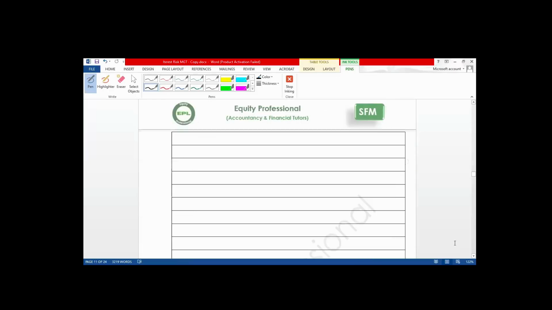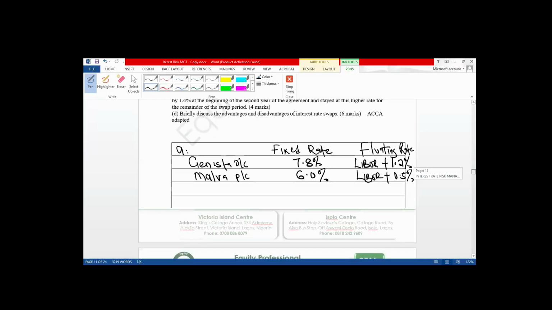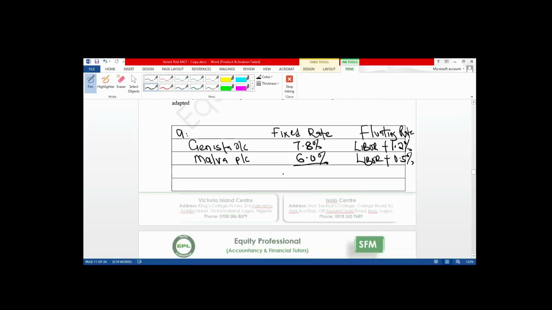Now get the differences, for the fixed rate and for the floating rate. 7.8 minus 6, 1.8. LIBOR minus LIBOR, LIBOR will go. 1.2 minus 0.5, we should have 0.7.